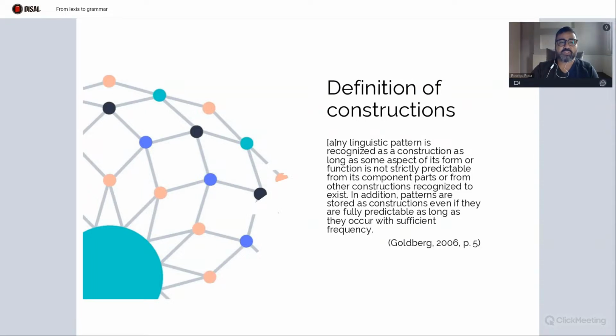It's meant to demonstrate that the perspective of cognitive linguistics, cognitive constructional perspectives, is that knowledge of language equals a network of constructions. So each one of these nodes equals a linguistic construction that we have in our cognition, all of which are intertwined and interconnected. Is that all right?